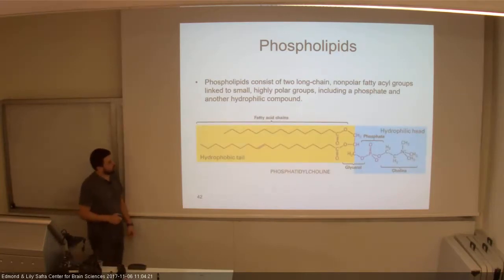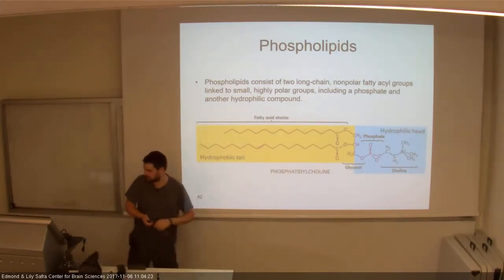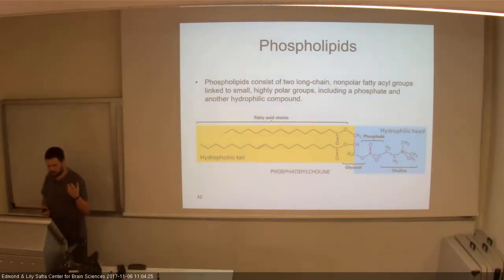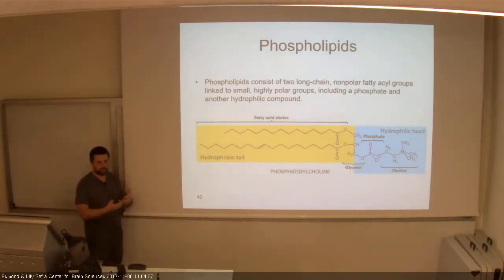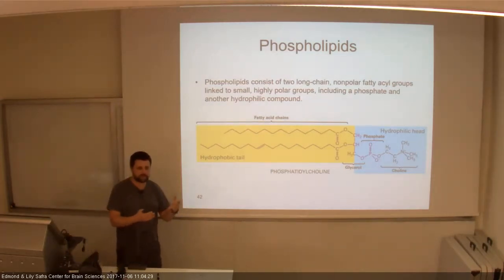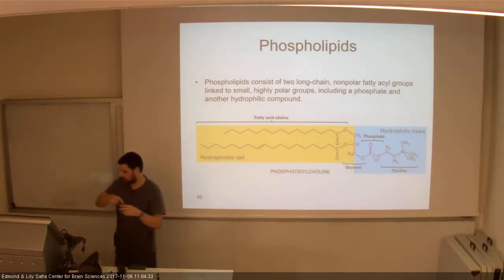Then we talked about phospholipids a little bit. I told you that the way you will see fatty acids in the context of the cell will not be as free lipids, like I showed you before.